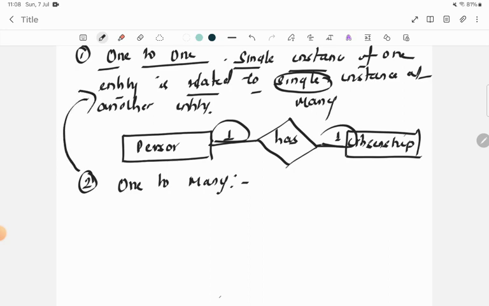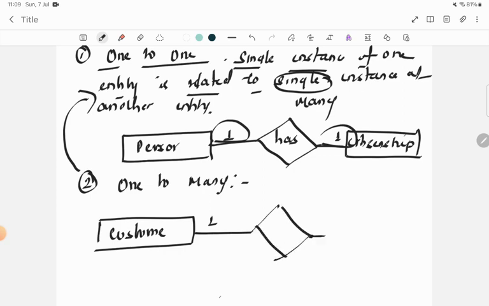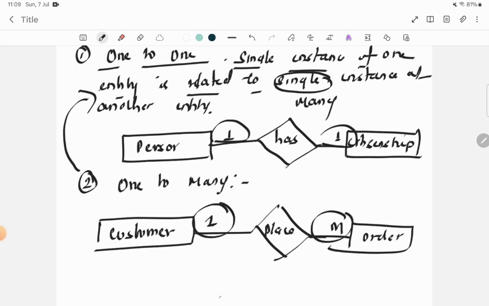For example, one customer, if he is going to order, one customer can place many orders. Is it possible? Yes, it is possible. A single customer, he or she can place many orders. So the relation is 1 to many here.